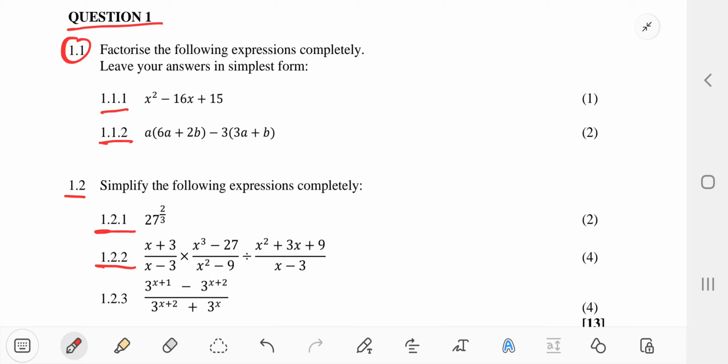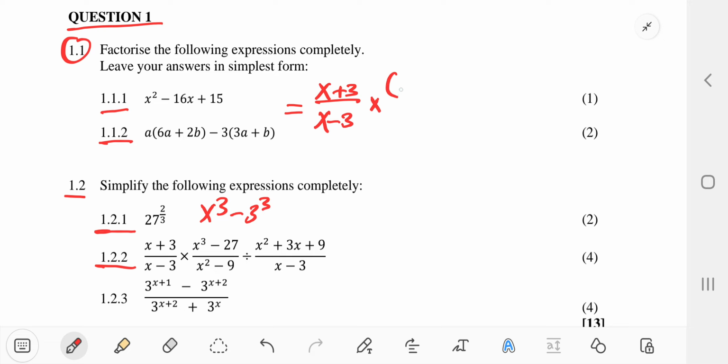We have 1.2.2. (x plus 3) divided by (x minus 3), multiplied by (x cubed minus 27) divided by (x squared minus 9), divided by (x squared plus 3x plus 9) divided by (x minus 3). So we have (x plus 3) divided by (x minus 3), multiplied by x cubed minus 27. 27 is 3 cubed, so we have the difference of 2 cubes.